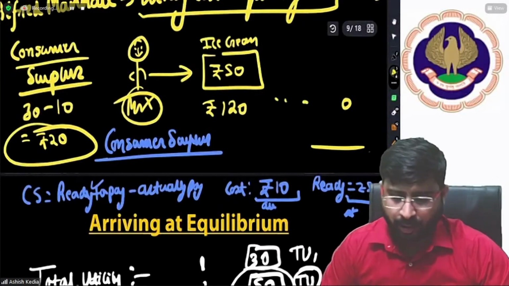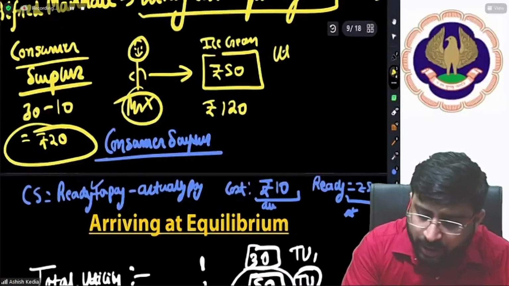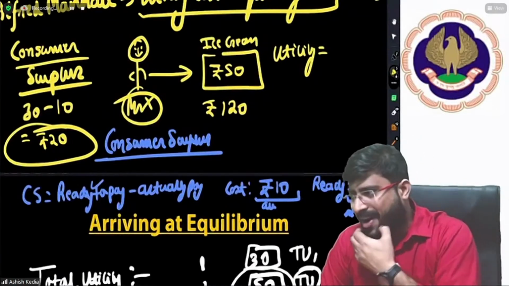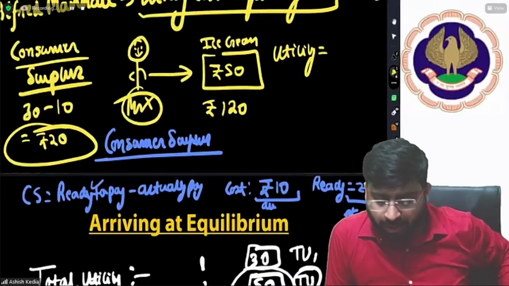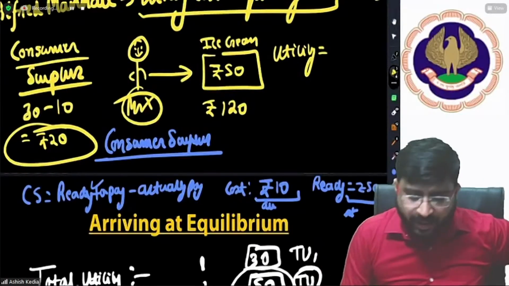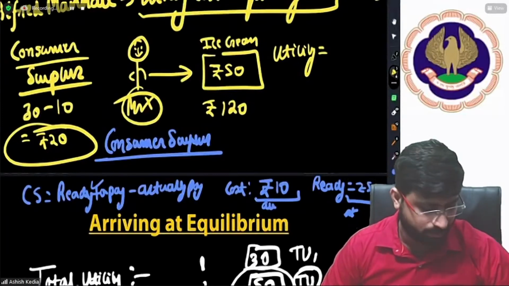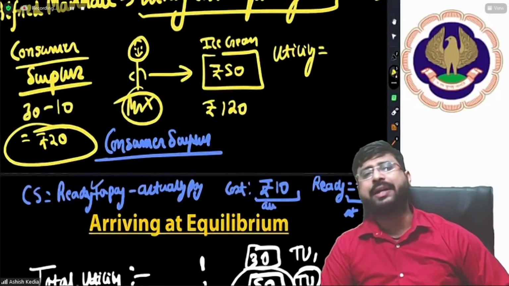Now you will tell me, first question, what is the value of utility of ice cream? Come on, everyone, let's see who is answering the correct one. In this given example, what is the value of utility of ice cream? Yes, you are right.